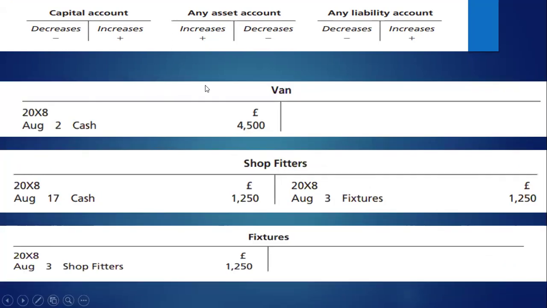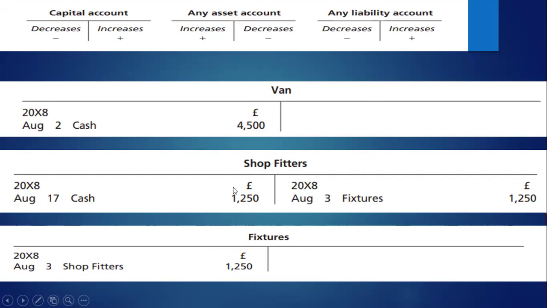Next one, we have the van. We only have one van, and that's on the debit side. Van is an asset, a debit side increase. So this is the purchase of a van. And the fixtures, we have here $1,250 fixtures. Next, we have the shop fitter, which is also a liability.